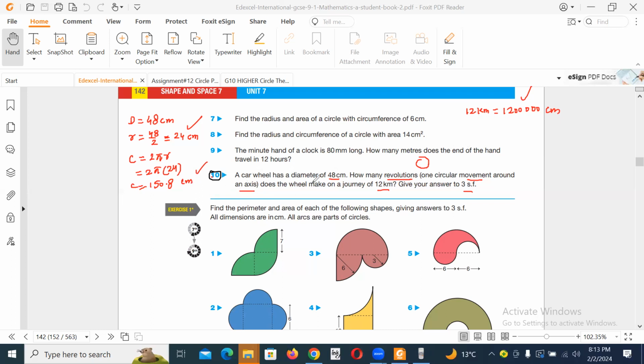So they are asking how many revolutions the car wheel will make.